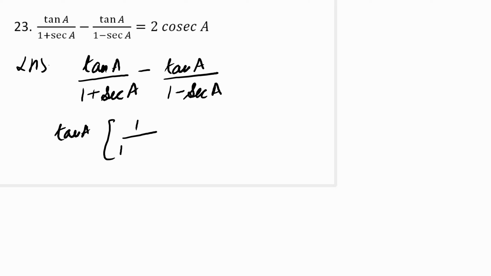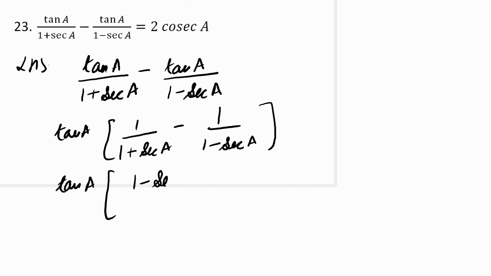We will get 1 upon 1 plus sec A minus 1 upon 1 minus sec A. We will take this as tan A times (1 minus sec A) minus (1 plus sec A).